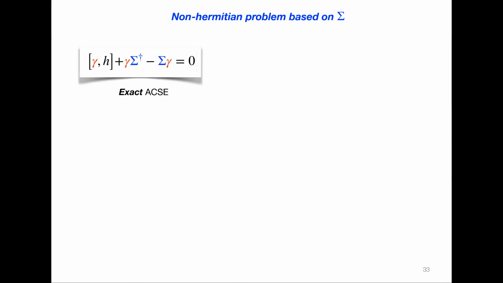Now, how does this connect to my discussion about non-hermiticity? I have this exact anti-Hermitian contracted Schrödinger equation, and I'd like to see how I can relate what I proposed before, this ansatz. One thing you could do is try to solve this equation approximately just by using that self-energy and not its adjoint.